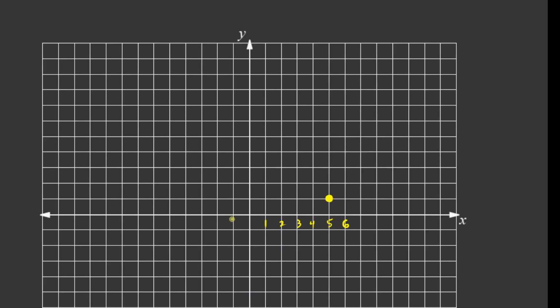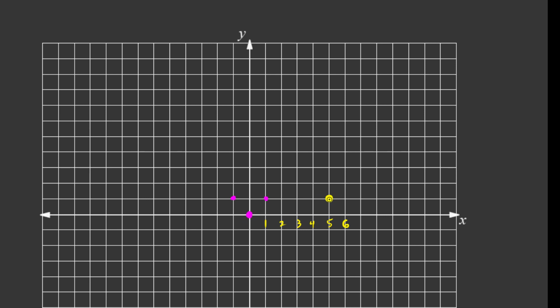The normal parent function, which I'll draw in purple, has a vertex at the origin, and then if I go 1 to the right, I move 1 up, because I will be squaring an x of 1, which gives me a y value of 1. And if I move to the left by 1, I go up by 1. That's just the natural progression of the parent function.